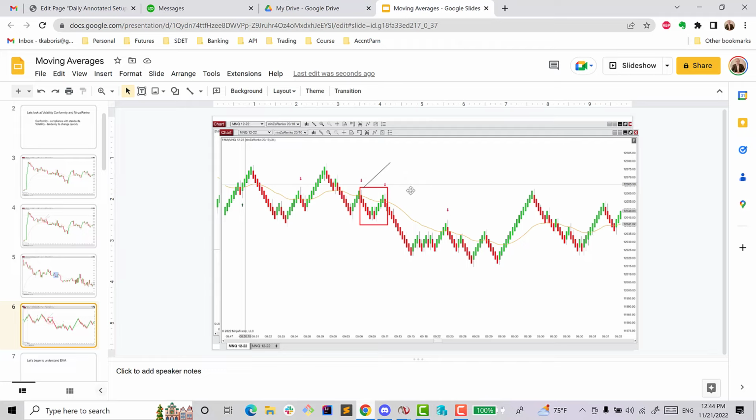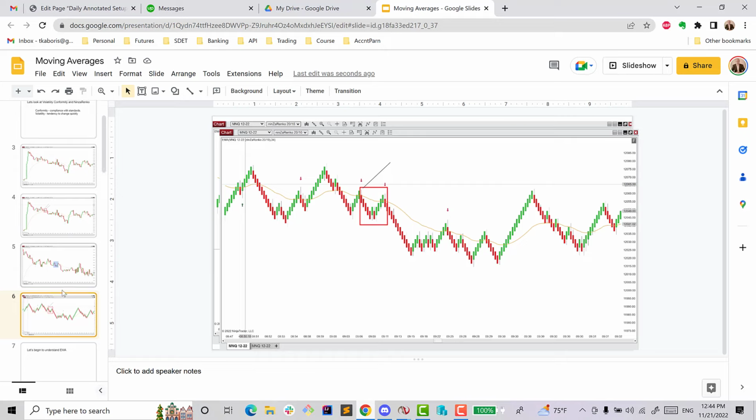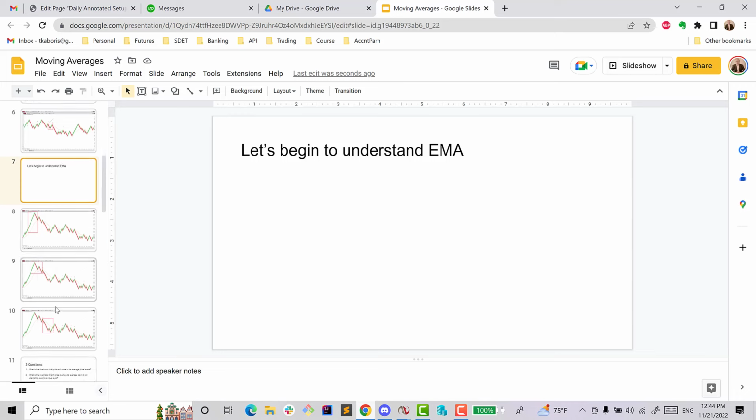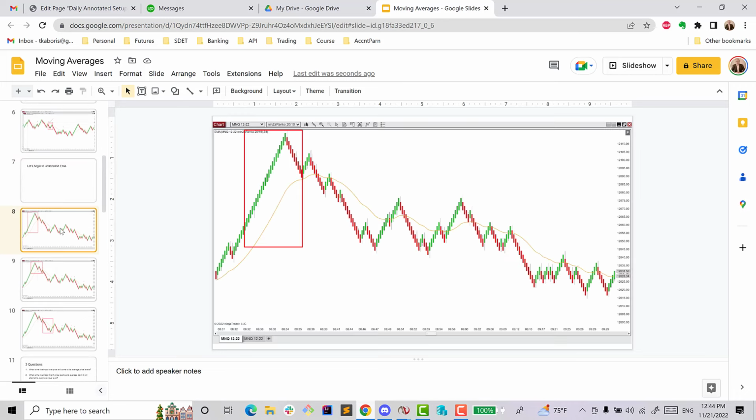So let's begin with understanding EMAs, and what they can teach us. First of all, let's define EMA. It stands for exponential moving average, and a moving average is basically an average price for the last period of bars.